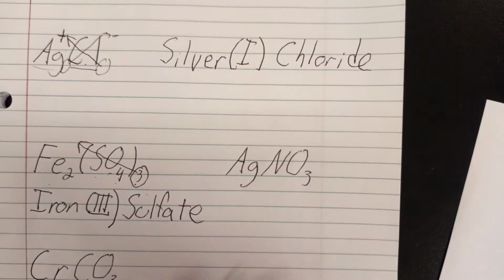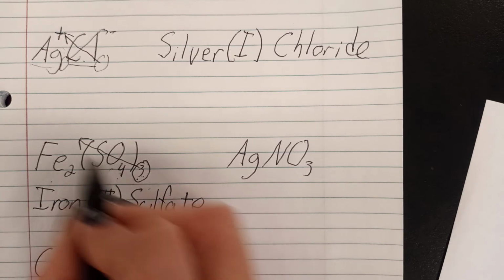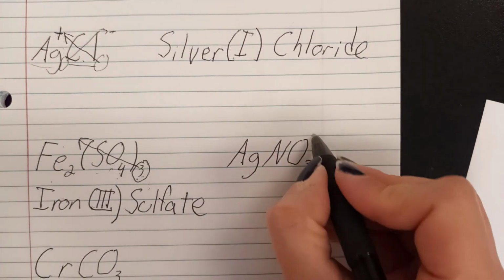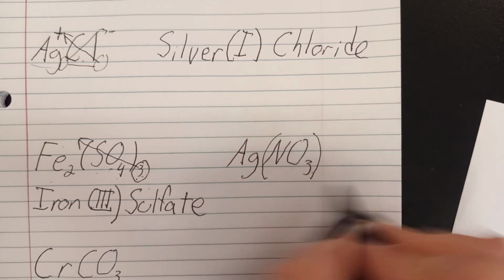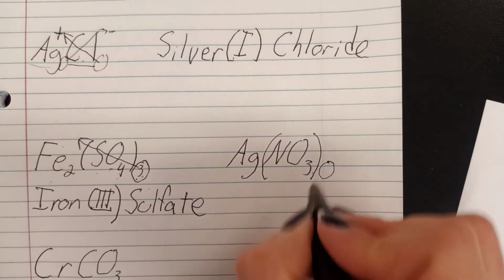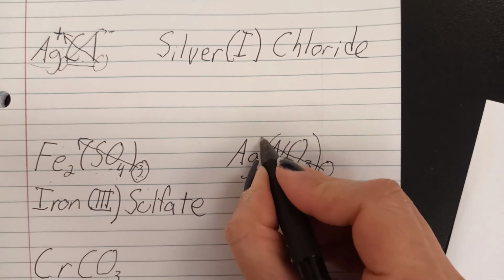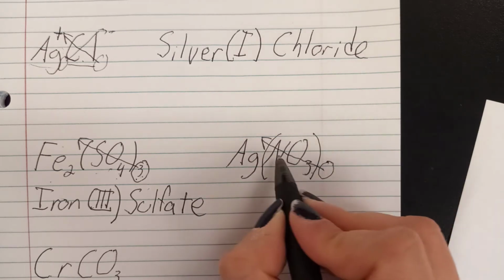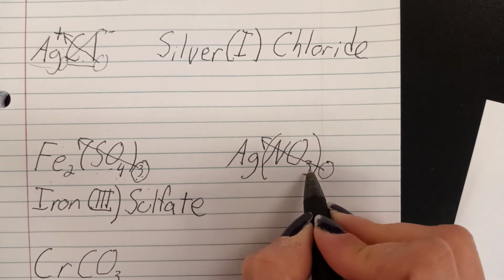Okay, so let's look at this one over here. Remember that I took the 3 from outside the parentheses and brought it up. Well, I basically need to do the same thing here. If I don't have parentheses, I really need to put them back. Now it's an invisible 1 that's outside of this parenthesis, and I'm going to bring that back up here. This 3 is not from the silver. It was simply part of the nitrate itself.